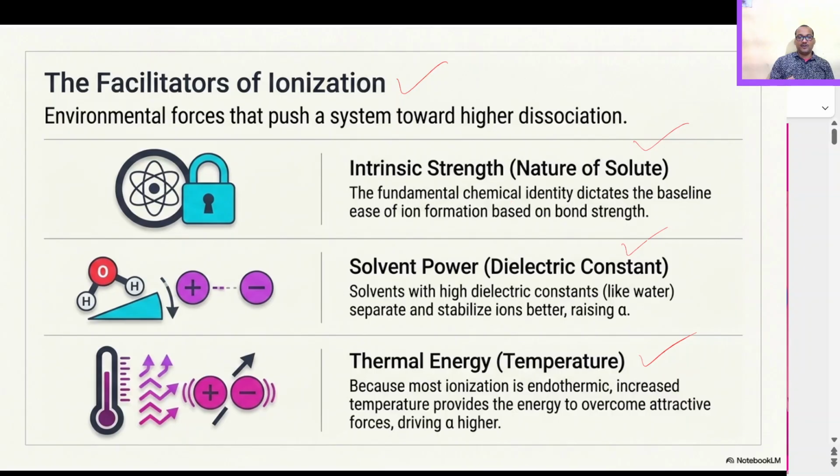The fundamental chemical identity dictates the baseline for ion formation based upon bond strength, and solvents with a high dielectric constant, like water, will raise the alpha value. Again, this ionization process is endothermic in nature, so if we increase the temperature, the alpha value and the degree of ionization will be higher.